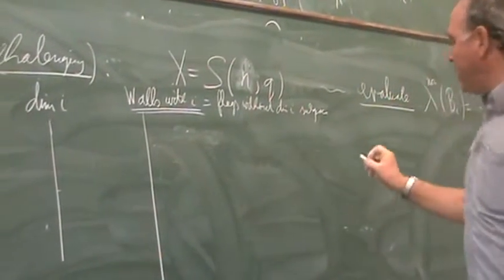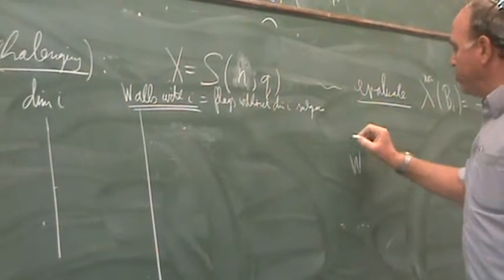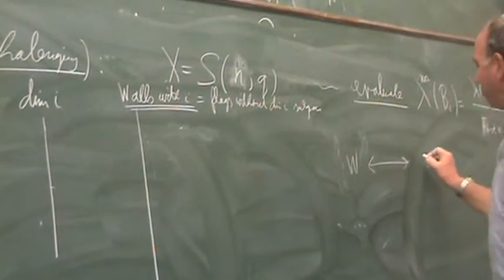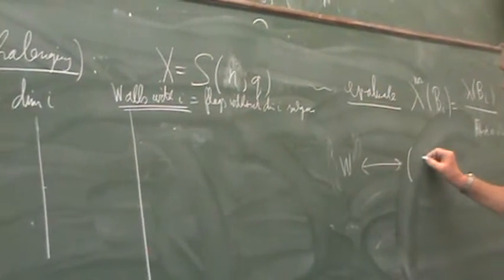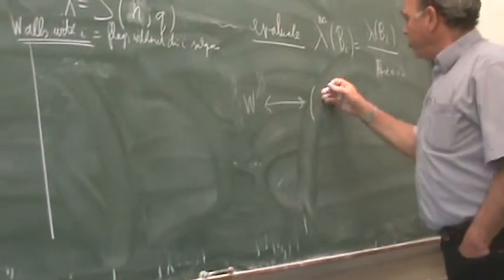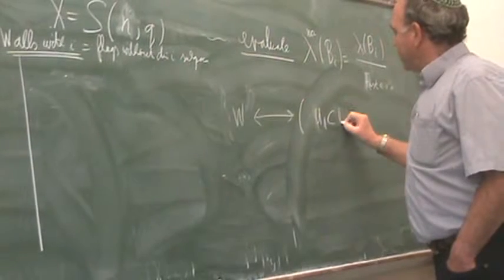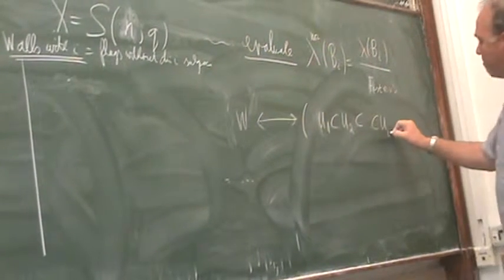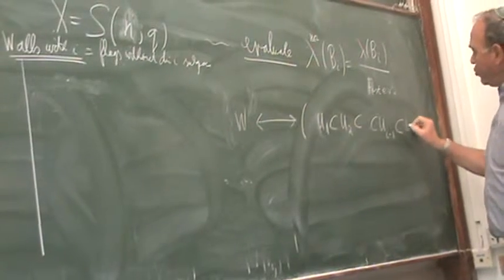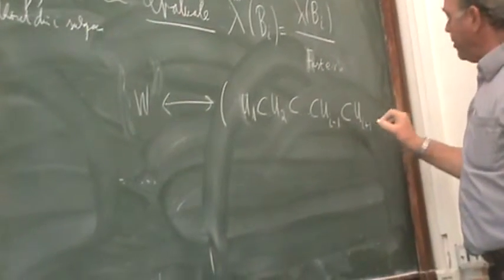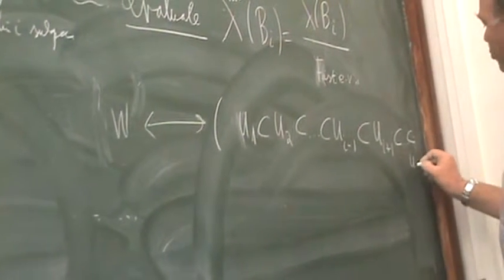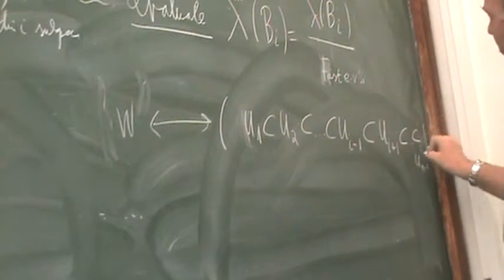So on one side we'll have some W's of dimension i. On the other side we are going to have something which will be U1 inside U2, inside U_{i-1}, inside U_{i+1}, etc., up to inside U_{n-1}.